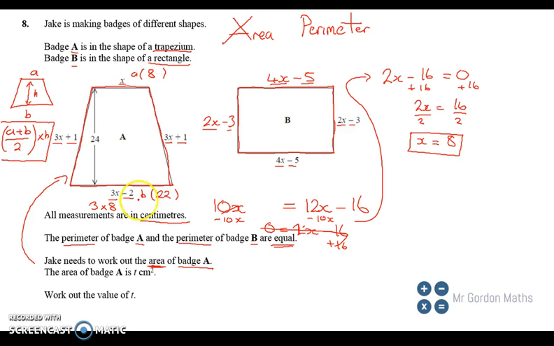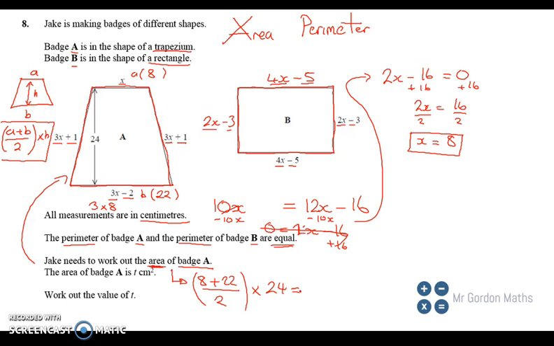So a plus b divided by 2. So let's write this down. Area. We'll do it down here. The area is going to be, we'll try and copy this formula that I wrote down here. So a is 8 plus b, which is 22. That needs to be divided by 2. And then times by the height, which is 24. So type that into your calculator.